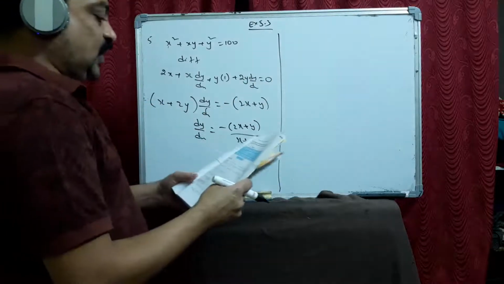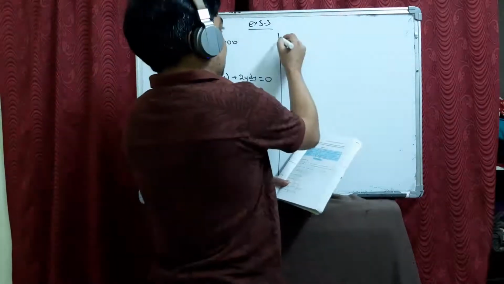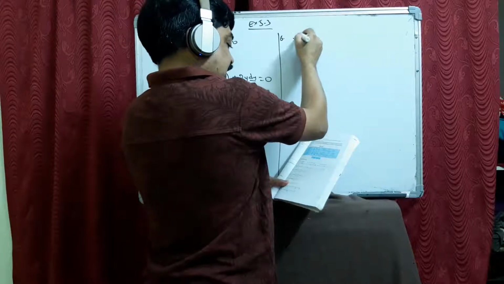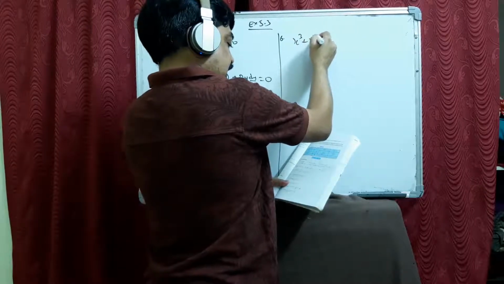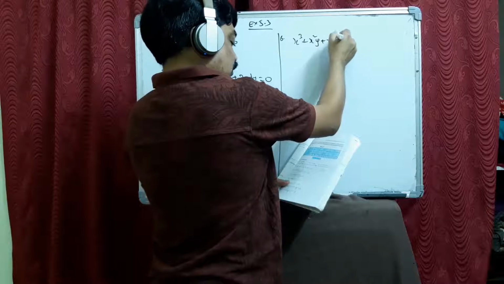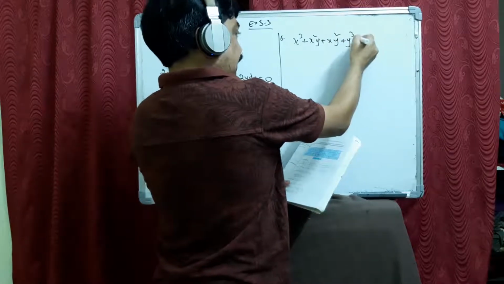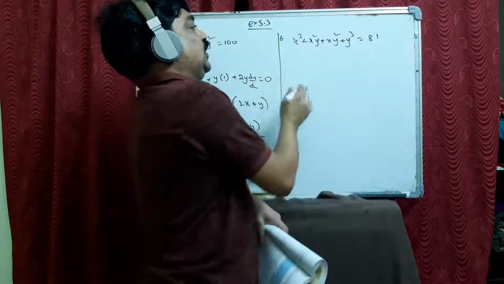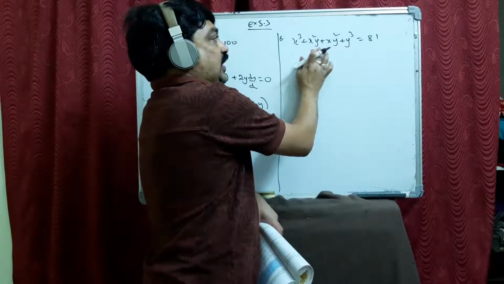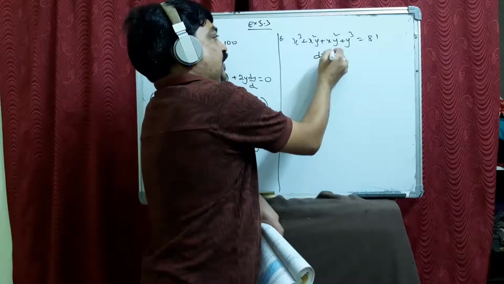Now see the sixth question. Same as this, x cube plus x square y plus xy square plus y cube is 81. Same. You will have to do the uv rule here and also here. Let us differentiate.